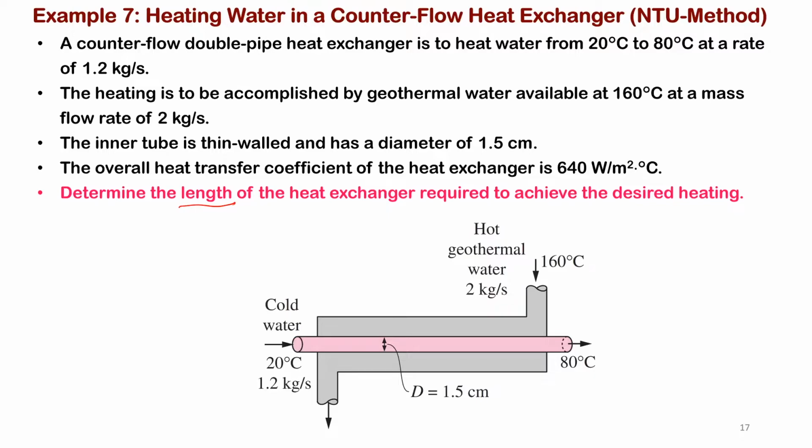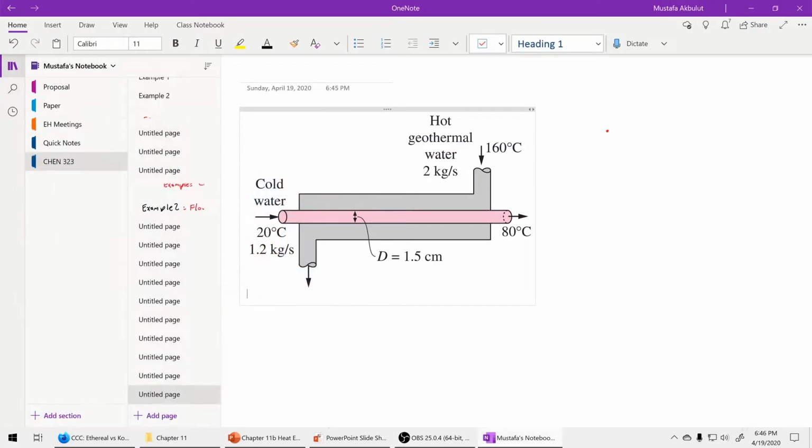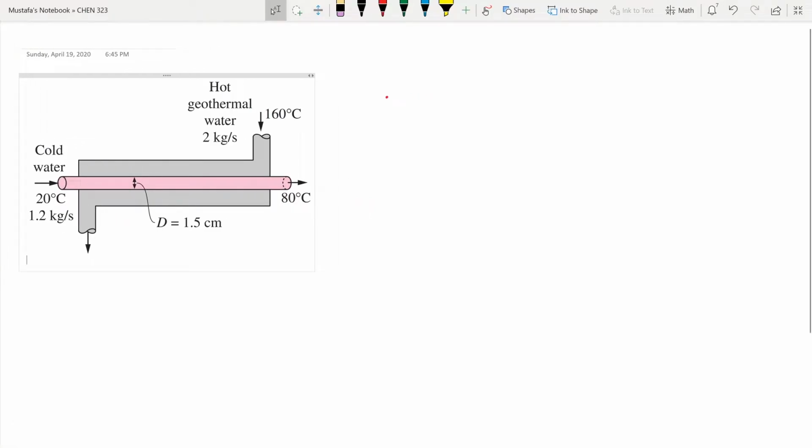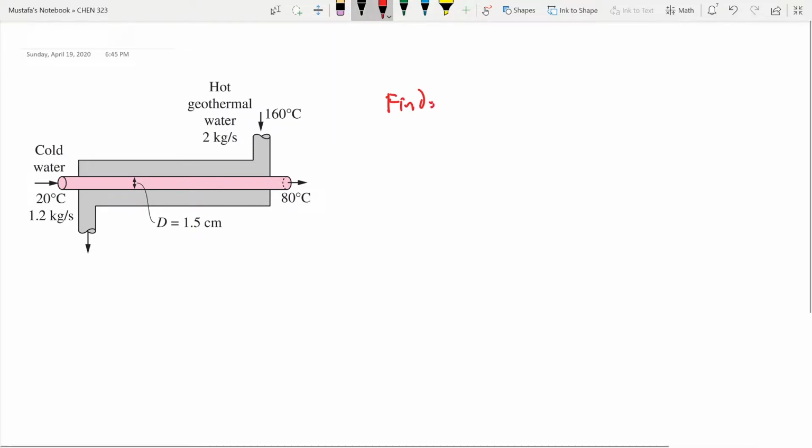We already solved this problem with the LMTD approach, but I'm going to repeat the analysis with the NTU method. So now we are trying to find AS and L using the effectiveness NTU method.